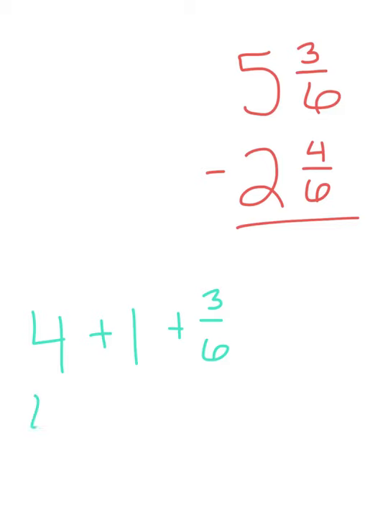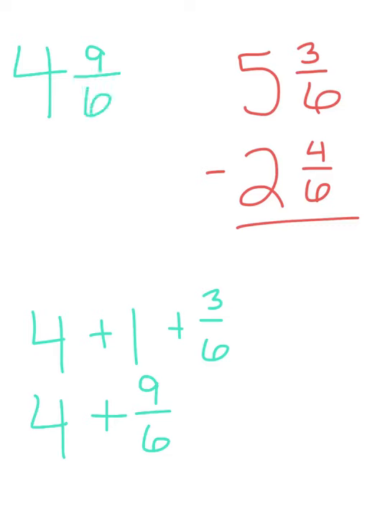So then I have 4 plus 6/6 plus 3/6, which is 9/6. So we end up with 5 and 3/6 being the same thing as 4 and 9/6. I haven't changed the value.